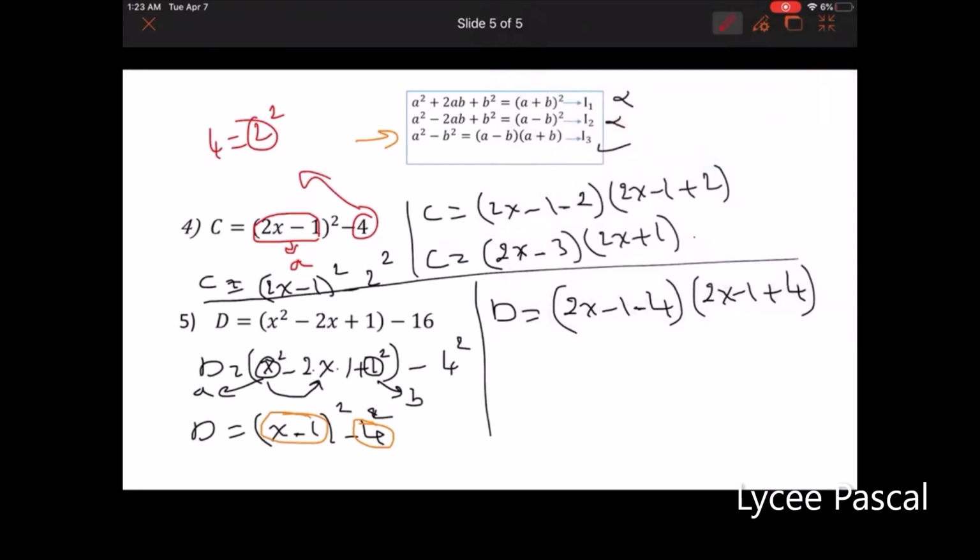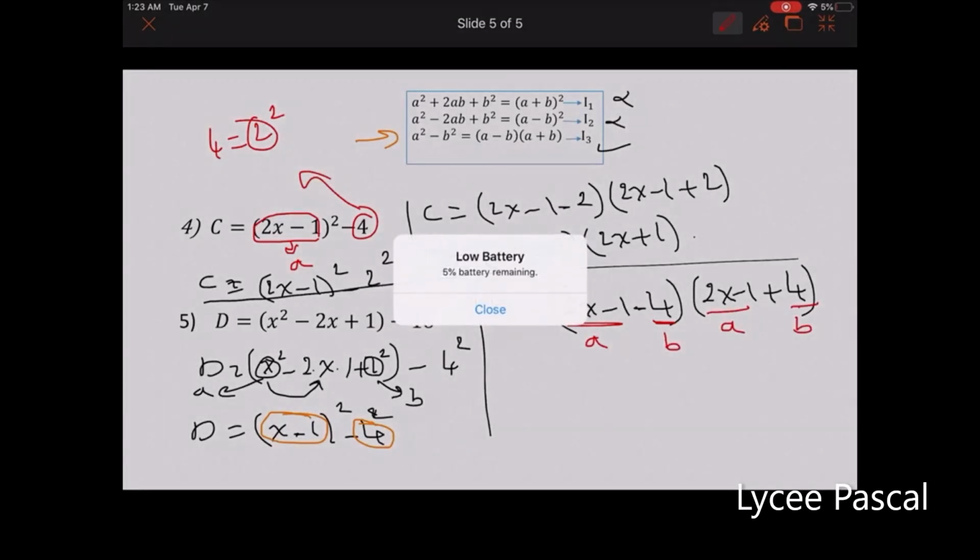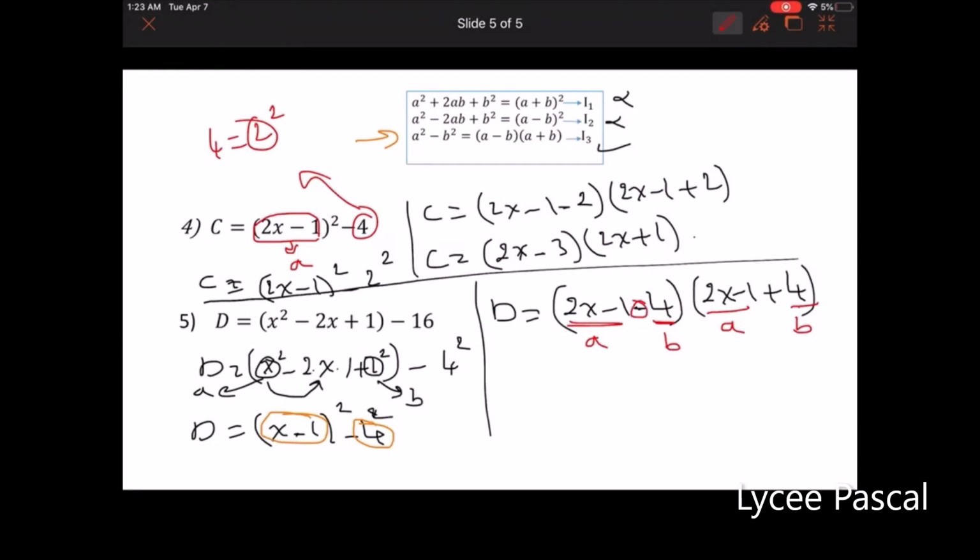So this is A, this is B, this is A again, this is B, and here minus, and here we have a plus. Okay, so we reduce the terms inside the parentheses. We get D equals x minus 5 into x plus 3, and this is the factorization form of the expression D.